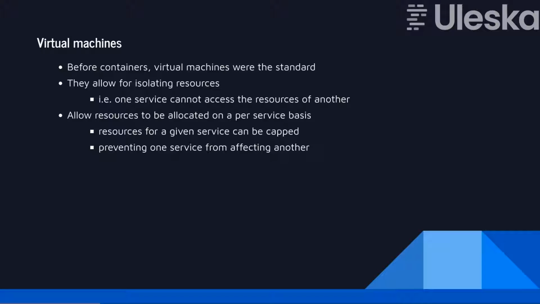That means that you don't want multiple services on the same machine being able to access or use the same files at the same time, in case you end up with any sort of deadlock, or you end up with conflicts. And you would also want to allocate the resources on that server, such as CPU and memory, so that if one service decided to go haywire, it wouldn't affect all of the other services on that box.